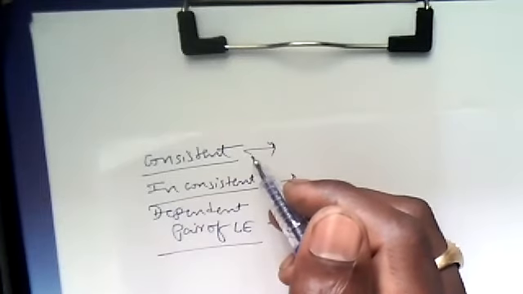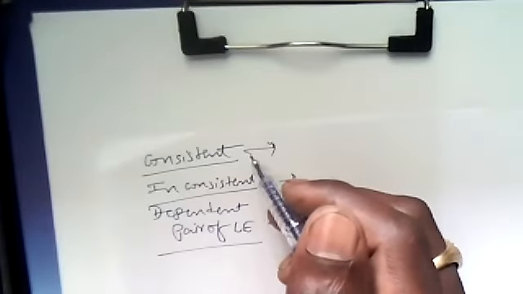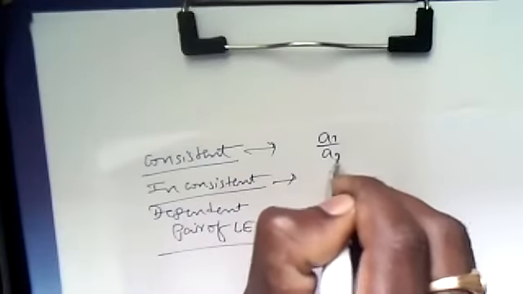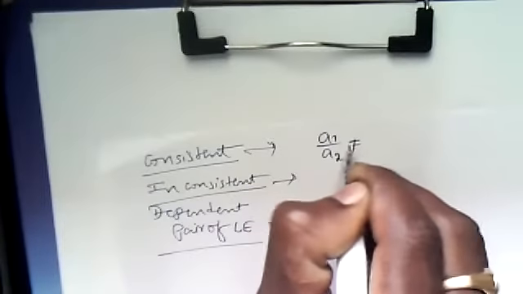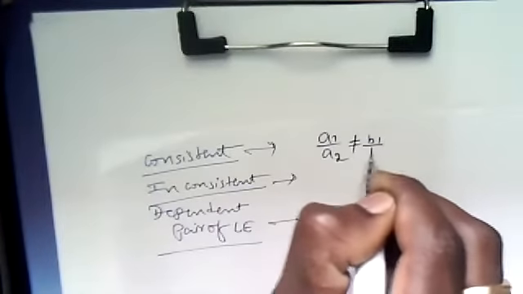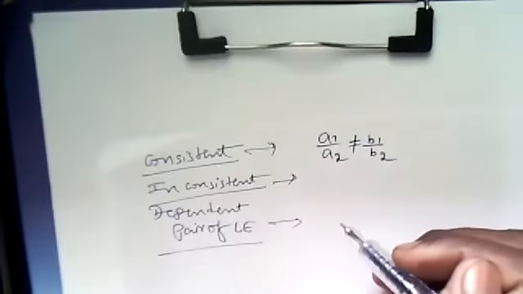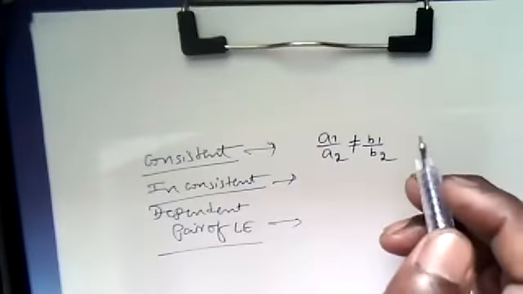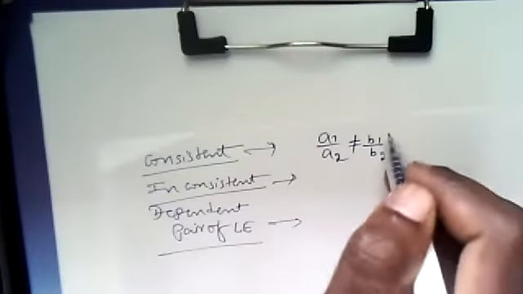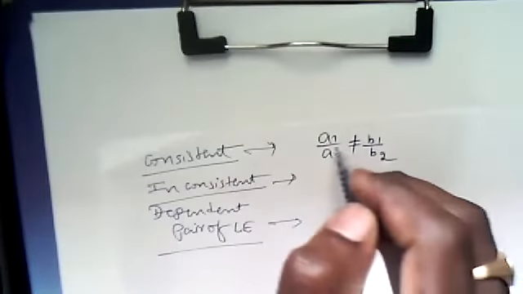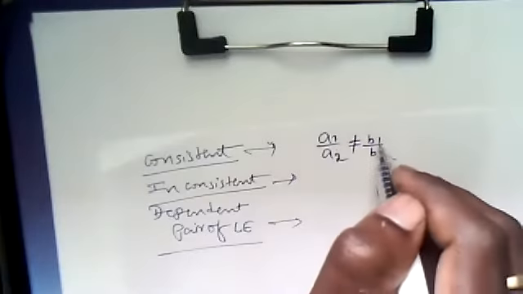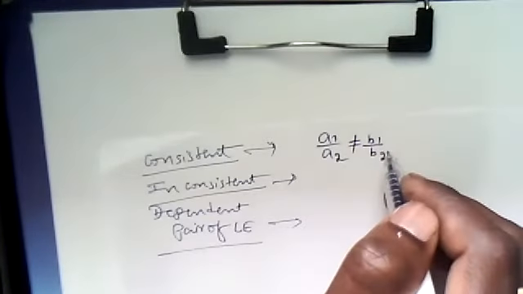In the last class I gave: A1 by A2 is not equal to B1 by B2. Here the values A1, A2, B1, B2 we know. A1, A2 are the coefficients of x, and these two are coefficients of y.